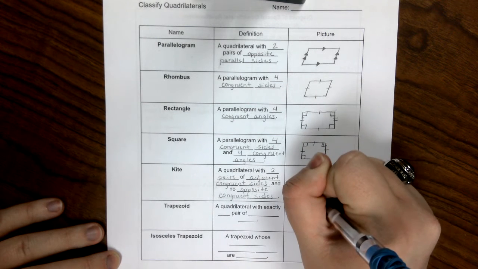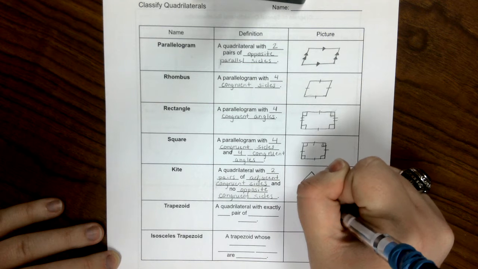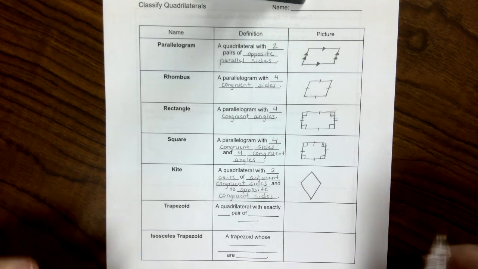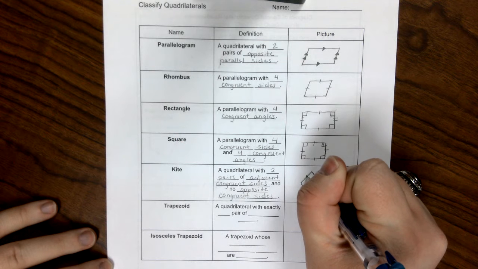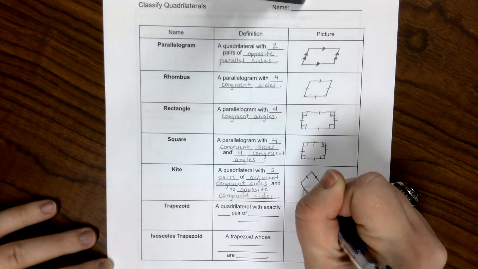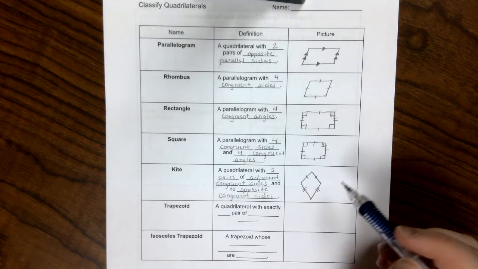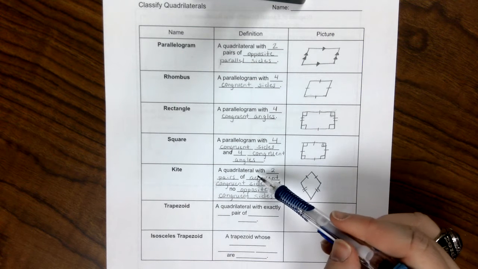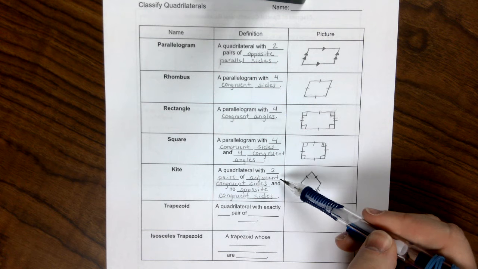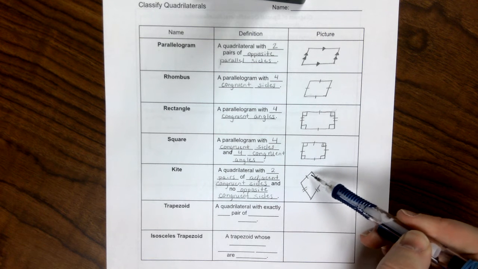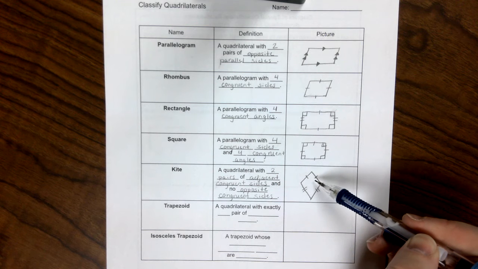This is what I kind of draw it like. We all know what a kite looks like, when you flew it on a string as a child. So this is what you would see. Notice that the adjacent congruent sides, adjacent is a fancy word for next to. So these two sides right here are next to each other and they're congruent.